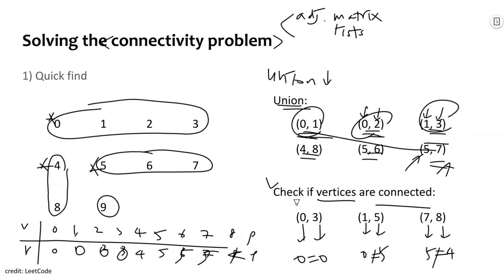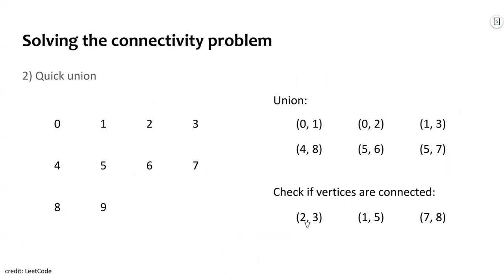However, find operation is quite fast. It takes only O(1) because we just need to retrieve the root of each one and then check whether they are the same or not. So that is quick find. And once I explain the concept of quick union, you can compare them more clearly.